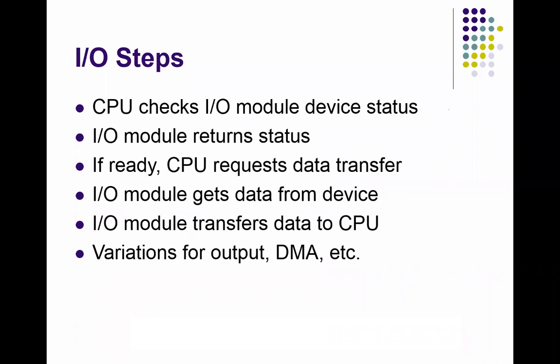The CPU is connected with the IO module, and the IO module transfers data to the CPU. The peripherals are not directly connected with the CPU. Your IO module is connected with the CPU: CPU, IO module, and then the peripherals.